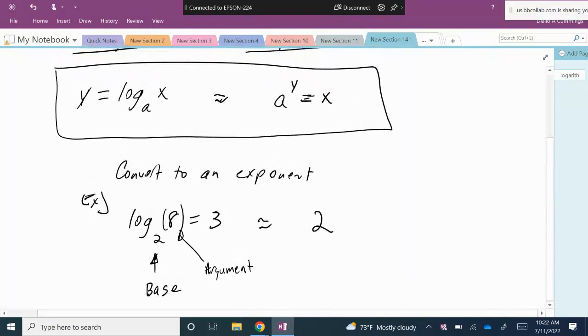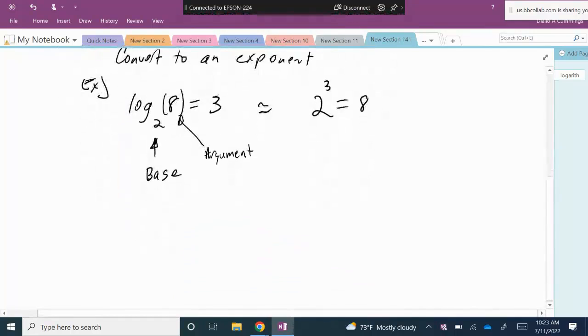If we look at the formula at the top, we can take the base of our logarithm, which is 2, that's the base of our exponent. We can raise it to whatever our logarithm is equal to, which is 3. And we can set that equal to the argument, which is 8. So we have just written log base 2 of 8 equal to 3 as 2 to the 3rd power is equal to 8.